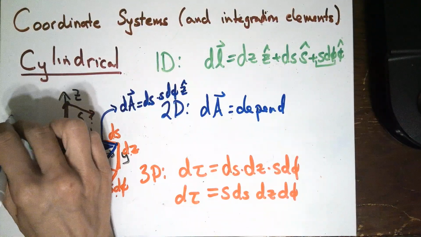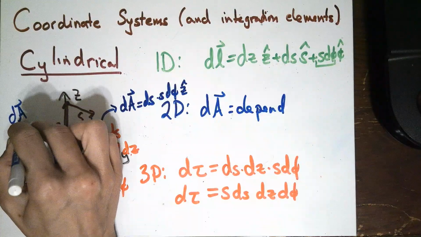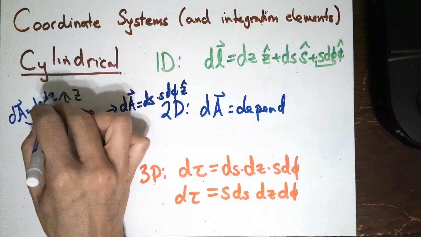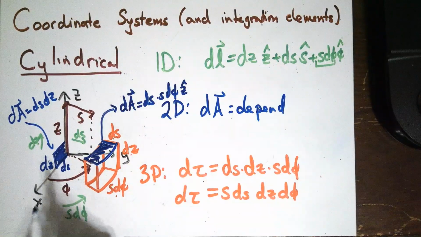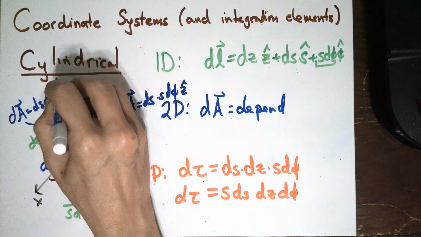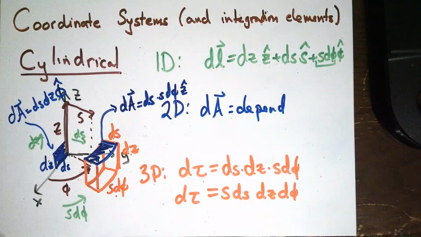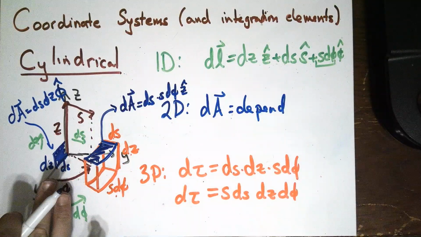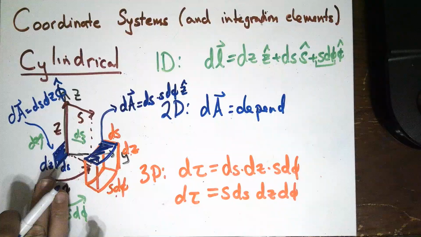So this area element, that one right there, would be ds dz, and the direction, well, that would be normal to this, which is going to be the phi hat direction. So again, for area, you're going to have to look at the specific area that you're trying to integrate over.